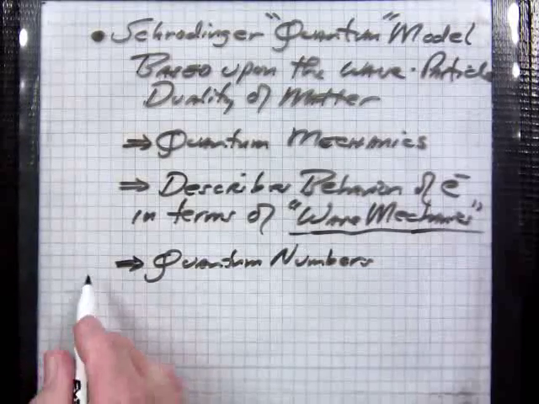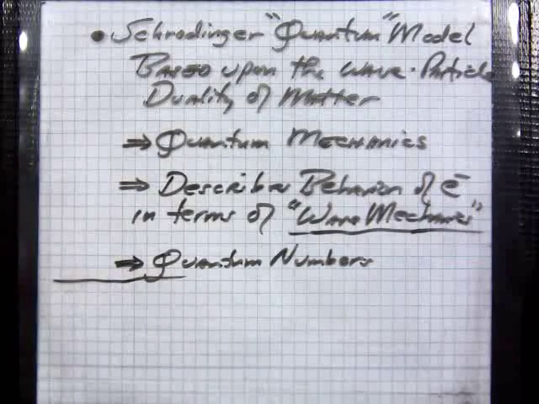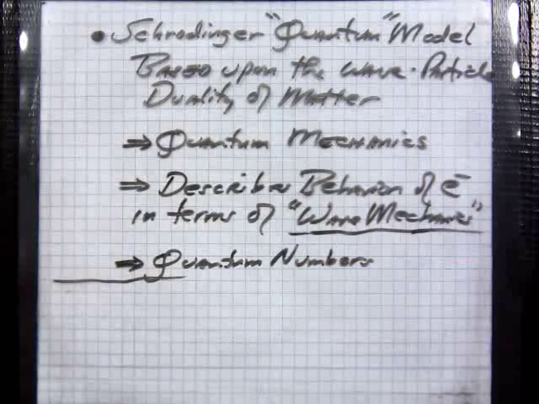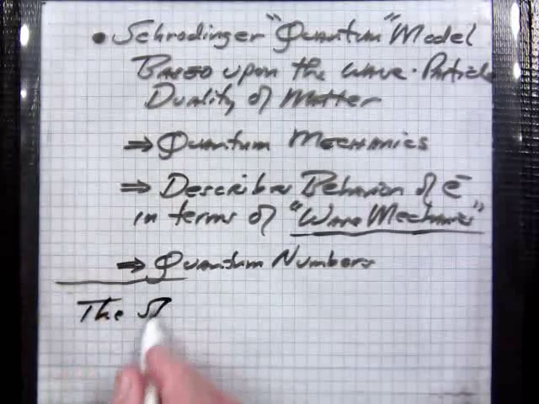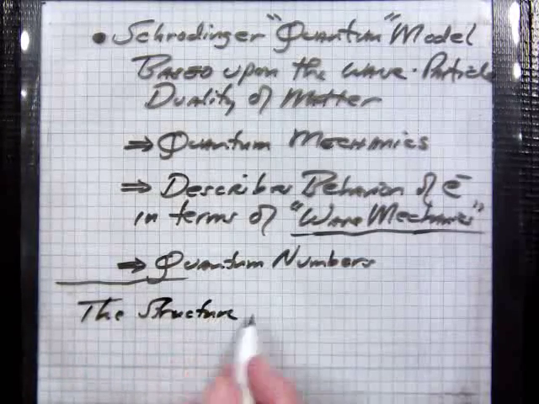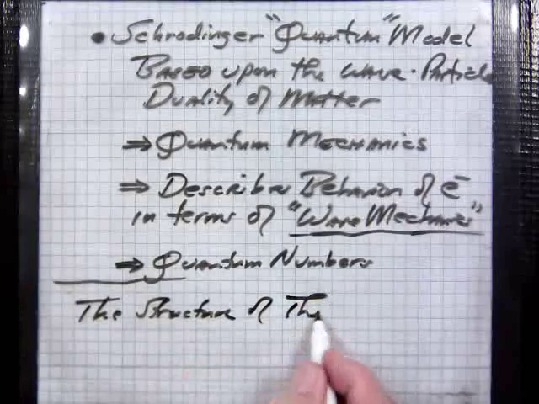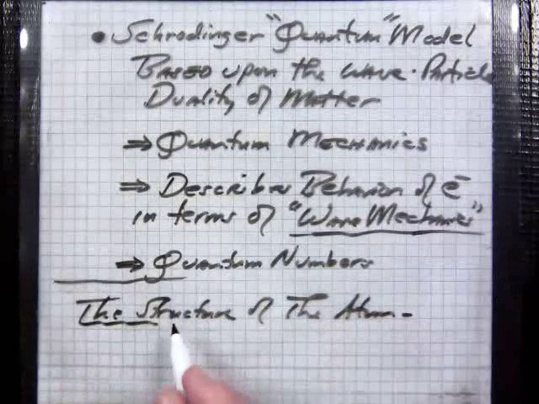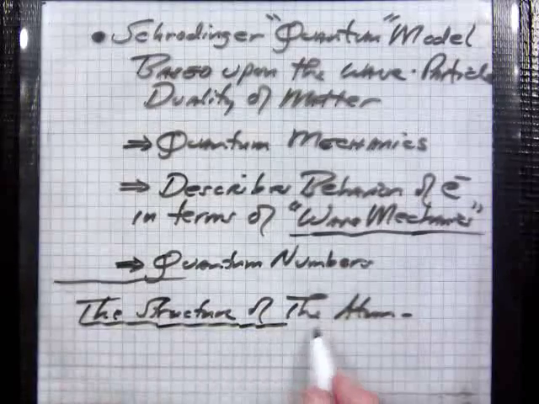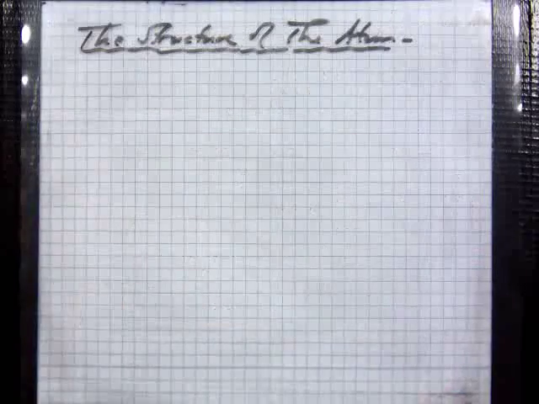And so with this, we start taking a look at what we call the structure of the atom. Of course, it's, as you know, made up of protons, neutrons, and electrons.